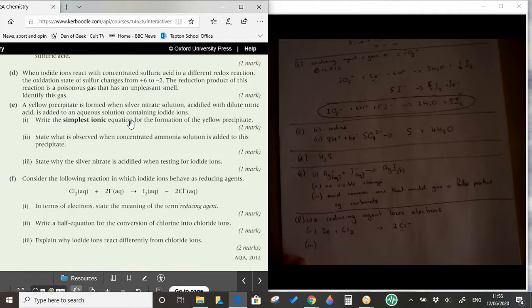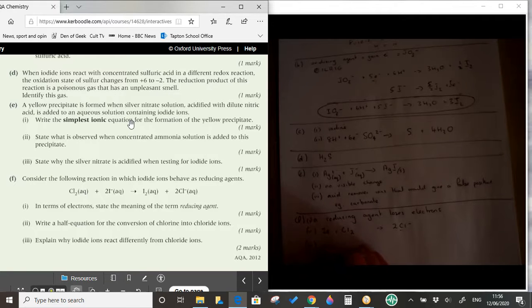Right, and then part 3, explain why iodide ions react differently from chloride ions. So if you think about group 7, which the halogens are in, iodine is below chlorine in the periodic table. We need to be careful that we're not talking about atoms or molecules here. It's talking about ions, so we need to make sure that we use the correct term here.